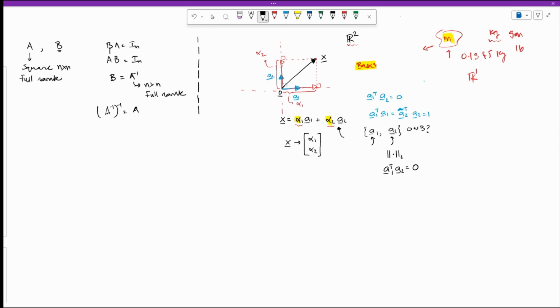When you have an orthonormal basis, how do we find alpha 1 and alpha 2 algebraically? If you remember from module 1, an advantage of the orthonormal basis is that it's relatively easy to find alpha 1 and alpha 2.